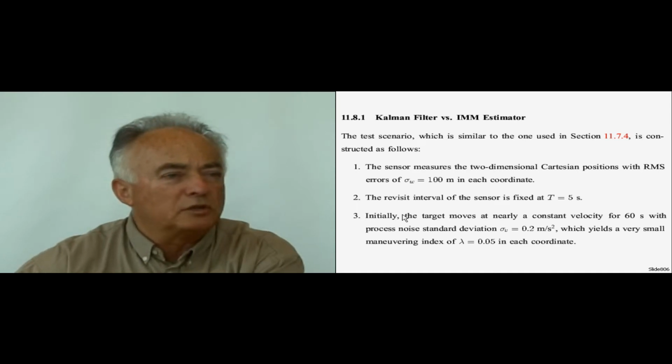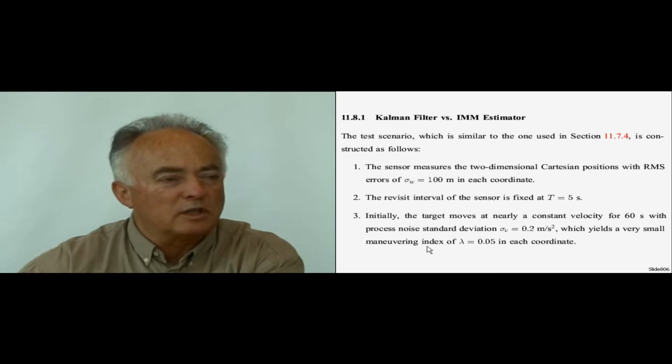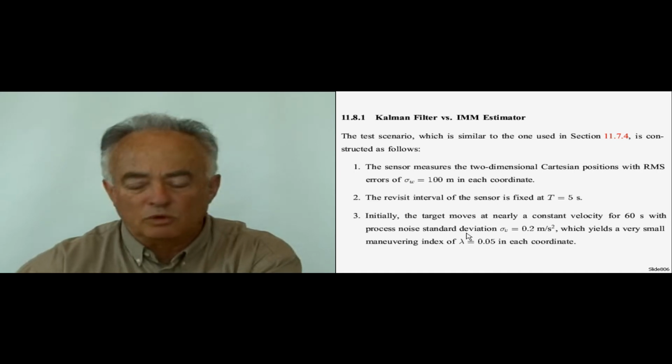The revisit interval is T equal to 5 seconds. Initially, the target will move with nearly constant velocity for 60 seconds. Process noise standard deviation is 0.2 meters per second squared with a very small maneuvering index, 0.05 in each coordinate. So we have a white noise in this case perturbing the motion.